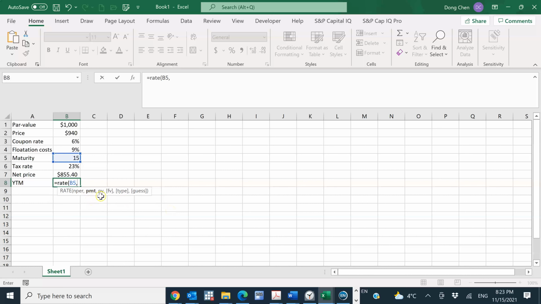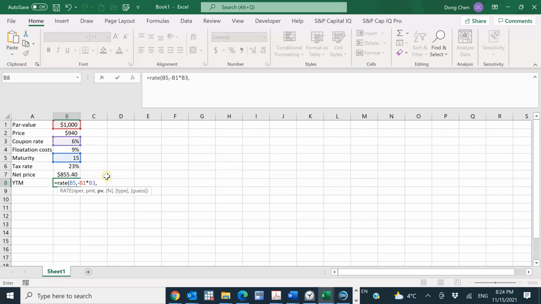And the rule for this function in Excel is that we have to keep the payment and the future value of opposite signs from the present value. Present value here is the price. So the payment, I choose to put as a negative number. That's going to be the par value times the coupon rate, the coupon payment.